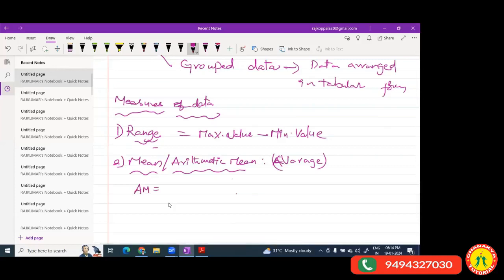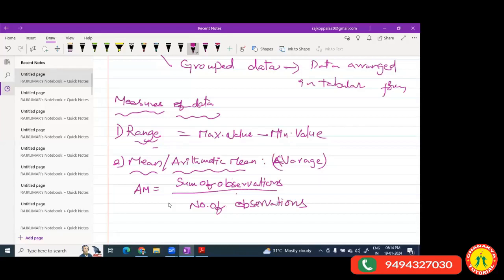If we add all the numbers, we get one number. That number will be divided by the number of numbers. So the formula is sum of observations by number of observations. Those numbers are called observations. Doing this, we get the arithmetic mean of the data.